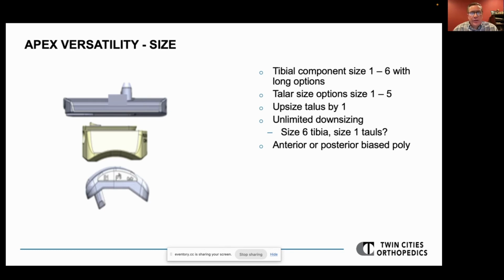And I have had certainly with my experience occasions where I just really feel like I'm having a hard time getting the talus reduced under the tibia because it wants to slide out the front. An anterior bias poly is a nice tool to have in the toolbox if it does feel like that talus wants to sublux anteriorly. And I'll show you a case where I used that actually just based on the patient's anatomy and felt like I had a hard time getting the talus back underneath the tibia.